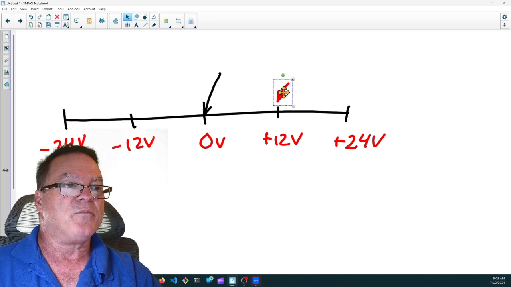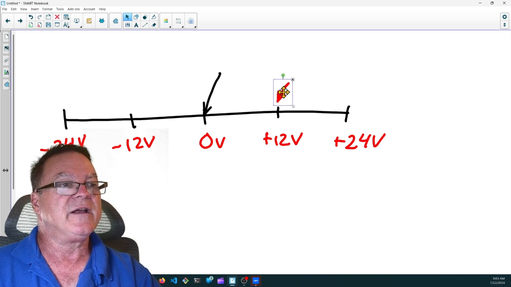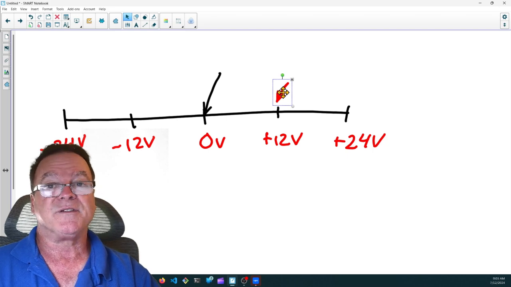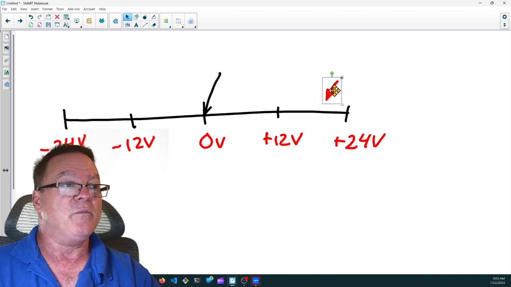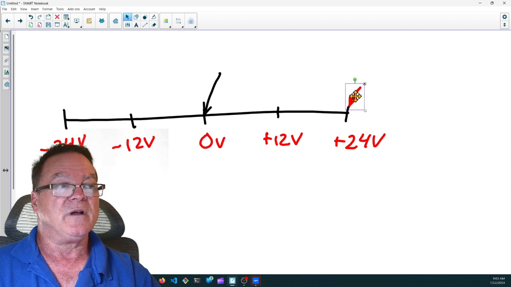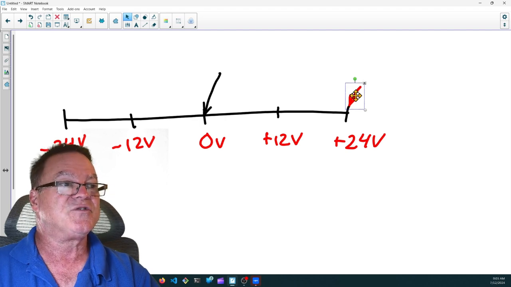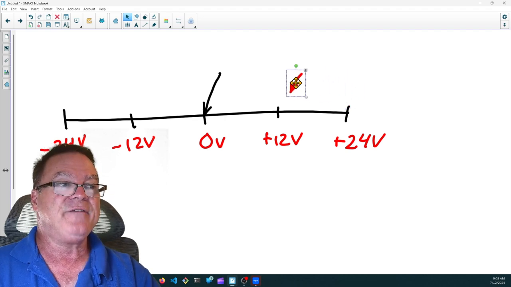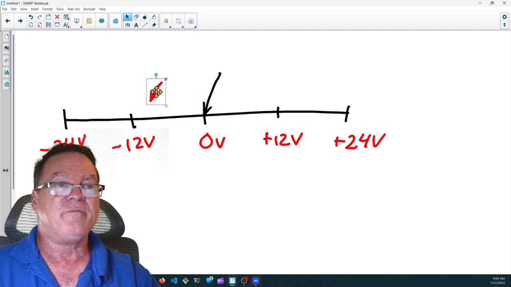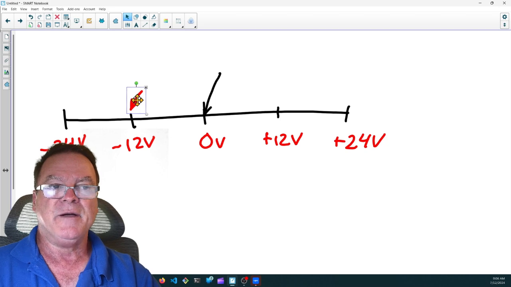So if you put your red lead here, it's going to tell you 12 volts. It won't say positive, it'll just say 12 volts. And if you move this red lead to the second point in the number line, it'll say positive 24 volts. If I were to take this lead and move back here, it would tell me negative 12 volts.